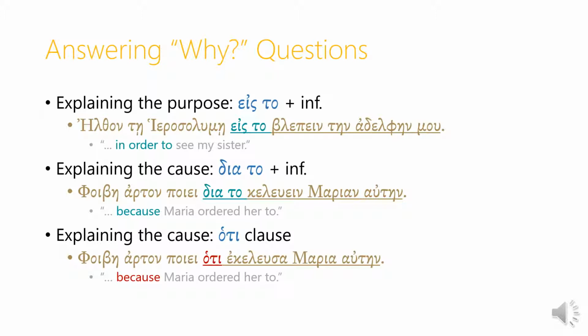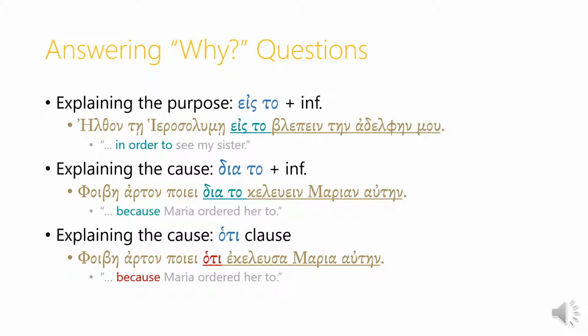When we're trying to explain the cause of something, though, we can also use a hoti clause, treating hoti as because. So, phoebe arton poie, Phoebe is making bread, hoti ekelusa Maria autein, because Maria ordered her to.